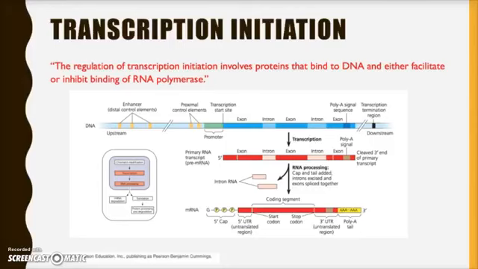Before I talk about the regulation of transcription initiation, let me first introduce two key components of DNA structure in eukaryotic cells. This is a DNA template strand, and the green section here is a sequence of DNA called the promoter, and it is where the RNA polymerase will bind.